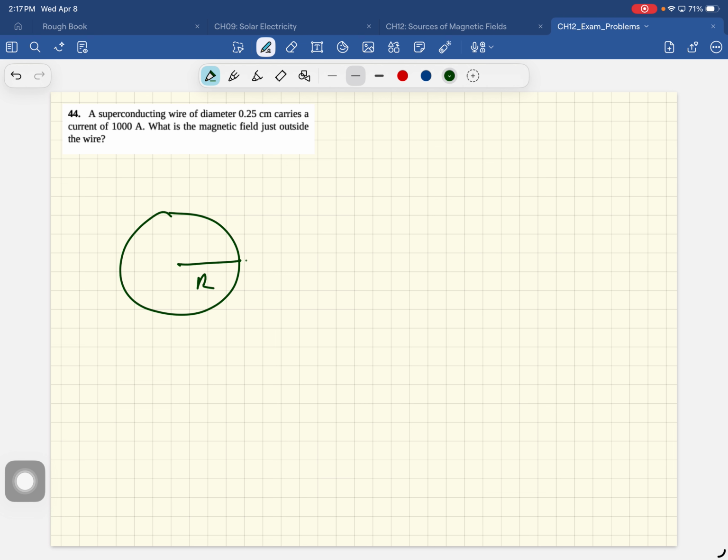The Tesla will cancel, the ampere will cancel, and what you'll get is 1 over a meter. So that's how many turns you have per meter.